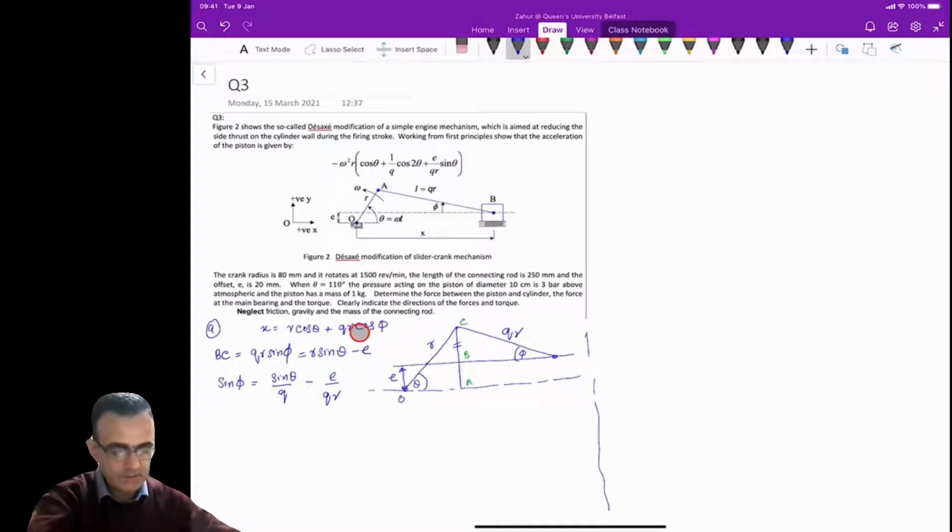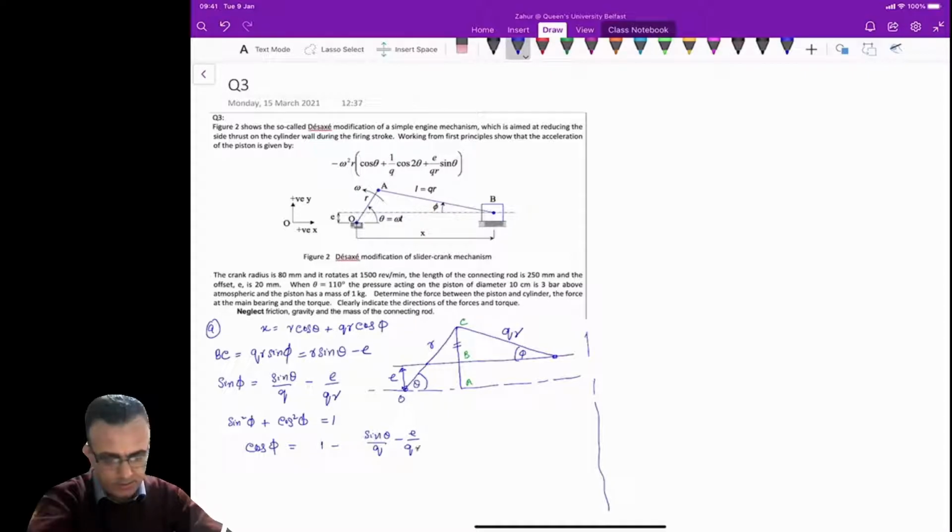But obviously we need to calculate cos phi, not sine phi. So we can just use sine square phi plus cos square phi equal to 1. From here we can calculate cos phi, which will become equal to 1 minus sine theta divided by Q minus E divided by QR, whole squared, all under root or to the power half.